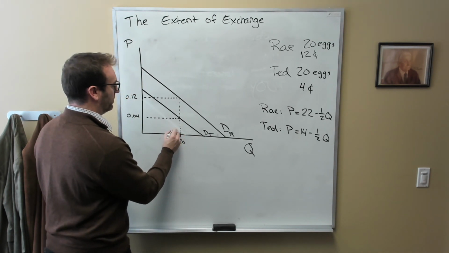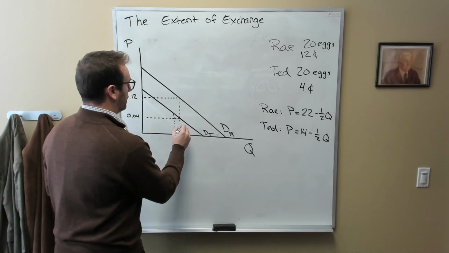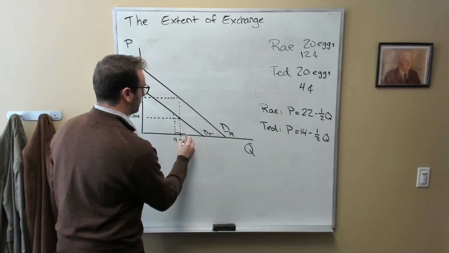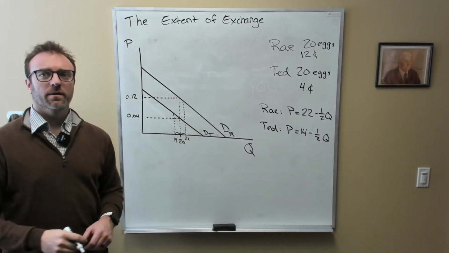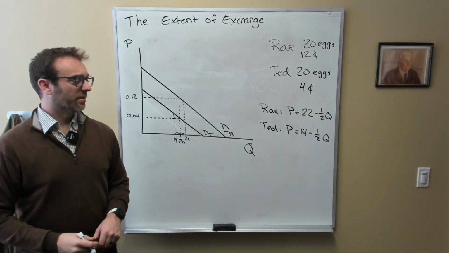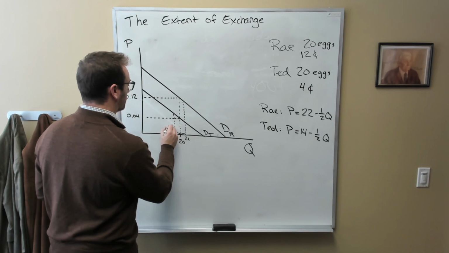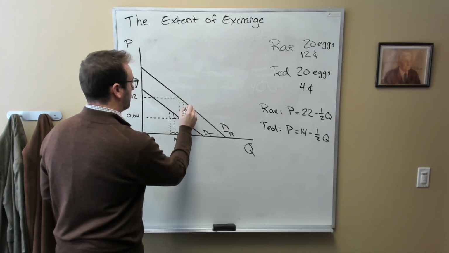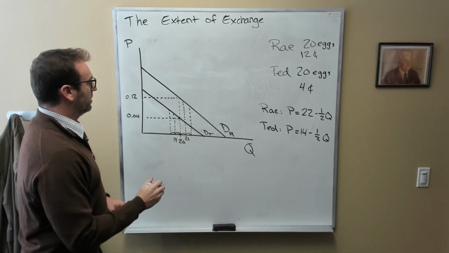So he would have 19 eggs per week, and we would move this way for Ray, who would have 21 eggs per week. Okay? And we could continue this, and we would notice that as we continue moving to the left for Ted and to the right for Ray, their marginal personal worths are coming closer and closer together.